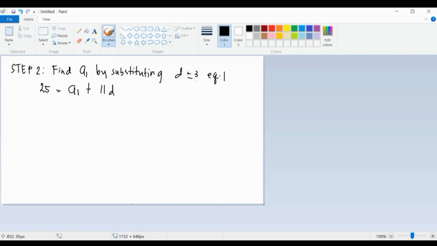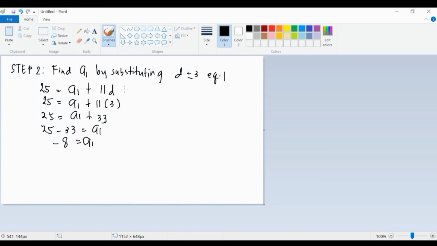So since we have now our d, which is 3, we can now substitute d as 3. So 25 is equal to a sub 1 plus 11 times 3. So we have 25 equals a sub 1 plus 33. So 25 transpose 33 on the left side. Since it is positive 33, it will become minus 33 is equal to a sub 1. So therefore, we have negative 8 is equal to a sub 1.